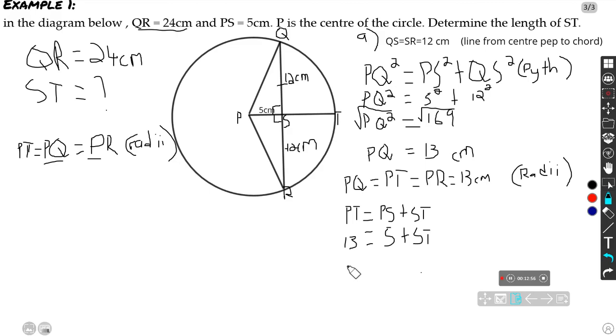So 13 minus 5 is equal to ST. 13 minus 5 is 8, but 8 what? Centimeters. So ST is equal to 8 centimeters. And there you have it.